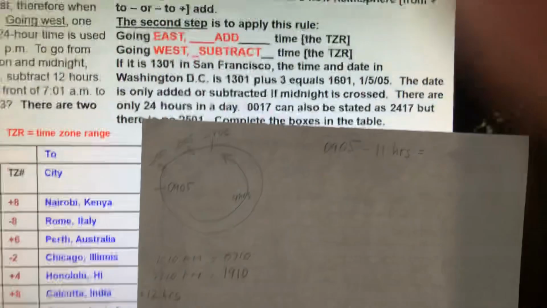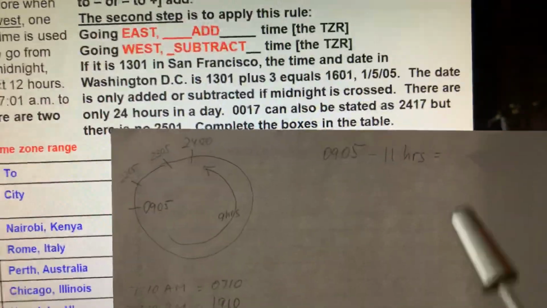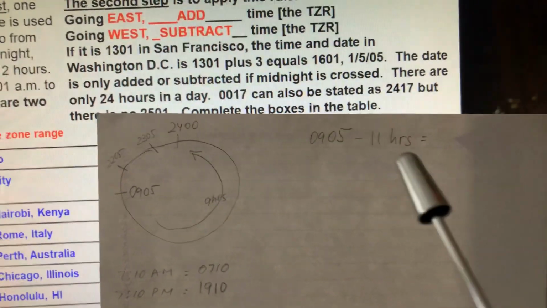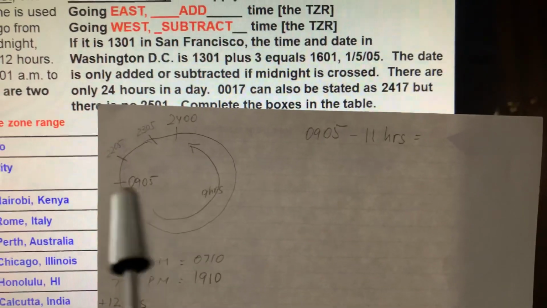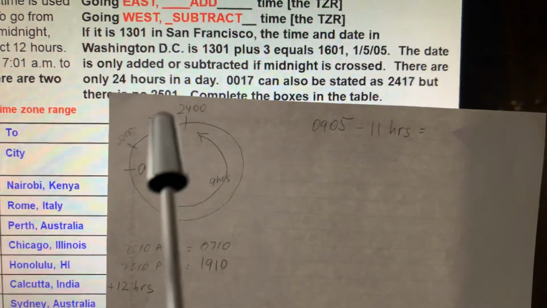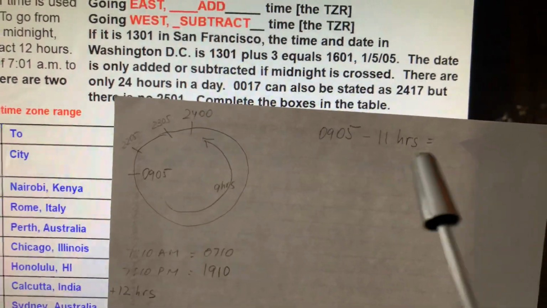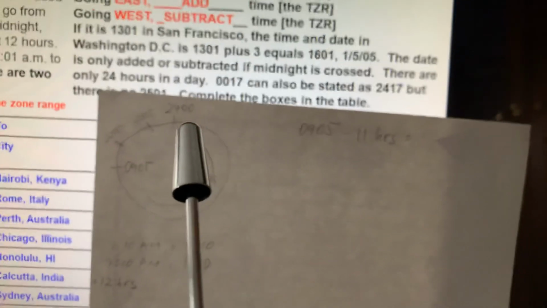Here is the clock. Let's say you have 09:05 here, and you have to subtract 11 hours. If you have a case like that, here is the clock. Here is your time, 09:05. Going back in time, you have to subtract 11 hours. From 9 to midnight, there are 9 hours.